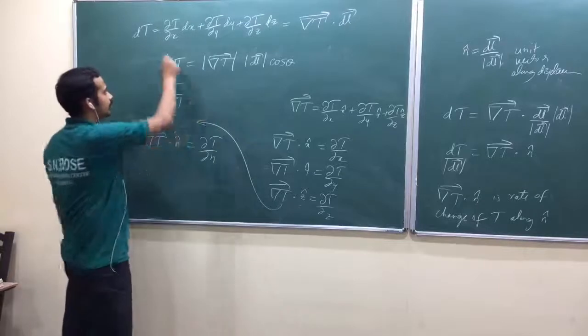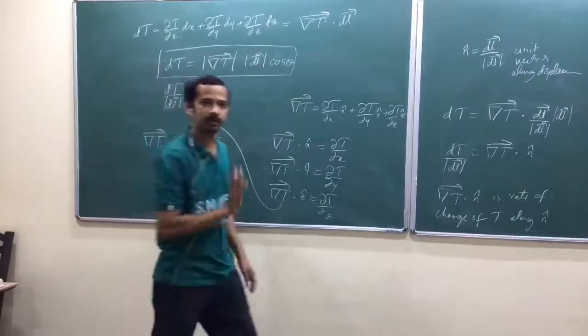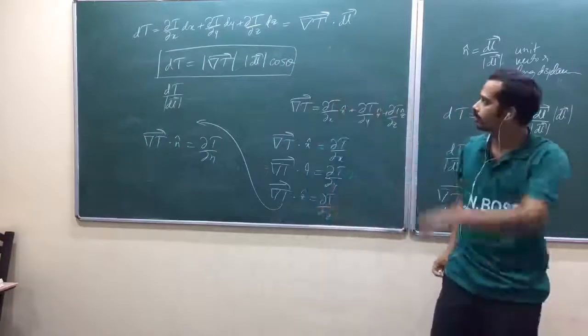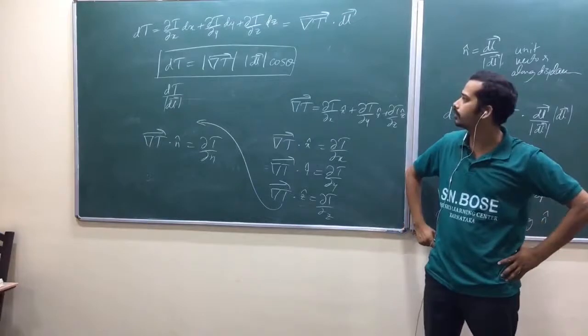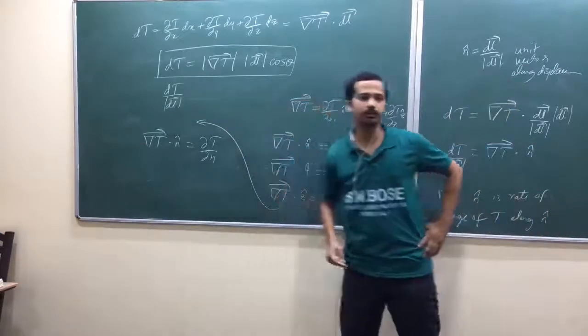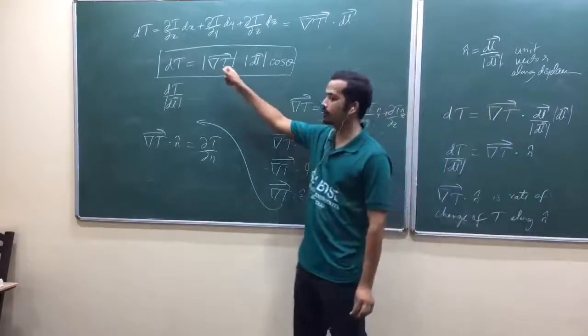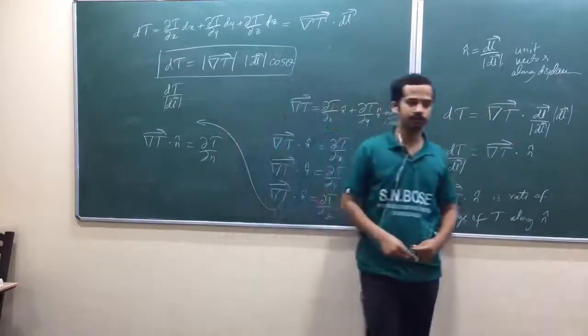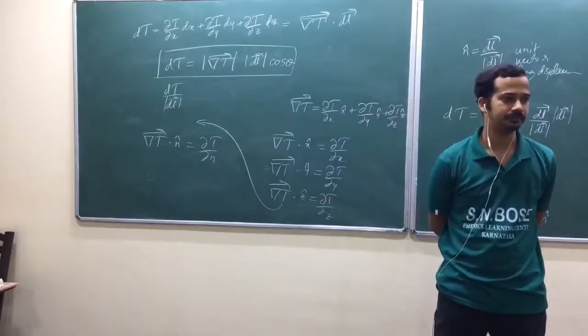Now take this equation and try to interpret everything. Whatever question arises here, go to this equation and interpret. First, what is the direction of the gradient of t? When theta equals 0, you get the maximum change in t in this equation. That's why when you move along the direction of the gradient of t, you get maximum change. That's why the gradient of t points in the direction of maximum change.